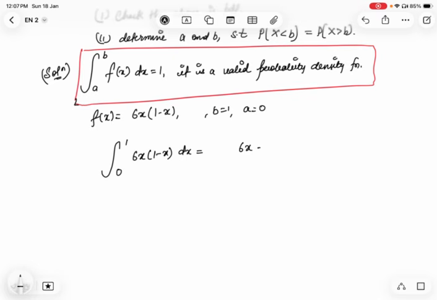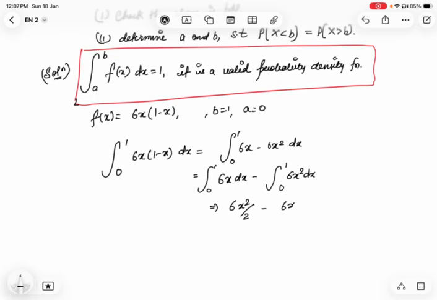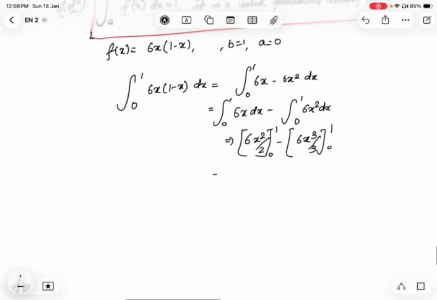So the integral of 6x minus 6x square, break it: the integral of 6x dx minus the integral of 6x square dx, that is equal to 6x square by 2 minus 6x cube by 3, from 0 to 1. Now simplify: 3x square minus 2x cube from 0 to 1.